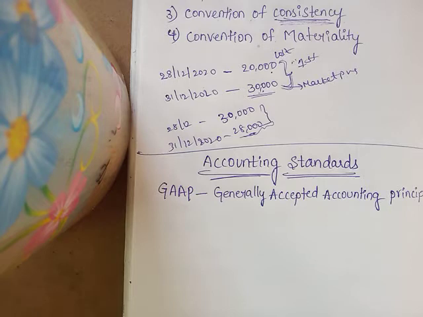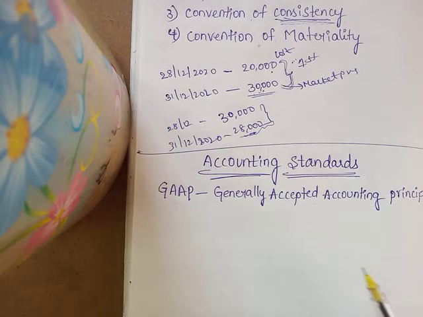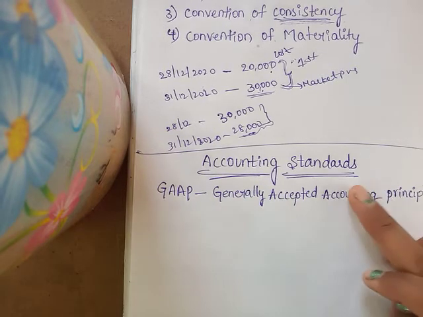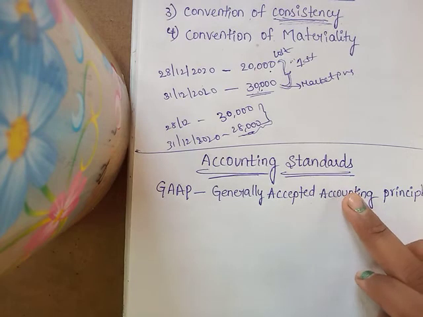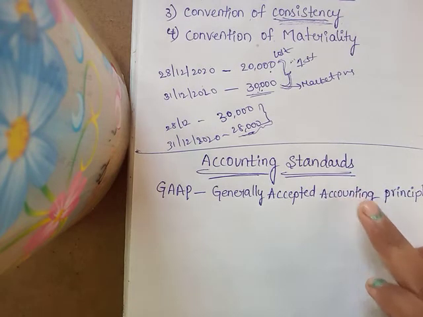Keeping in view the problems faced by many users of accounting, a need for the development of common accounting standards arose. For this purpose, ICAI, the Institute of Chartered Accountants of India, which is also a member of the International Accounting Standards Committee, constituted the Accounting Standard Board, ASB, in the year 1977.